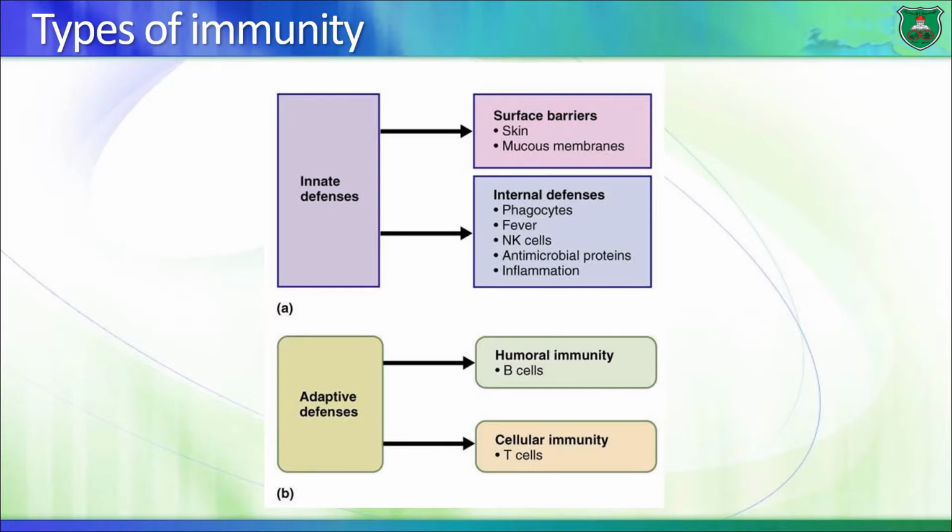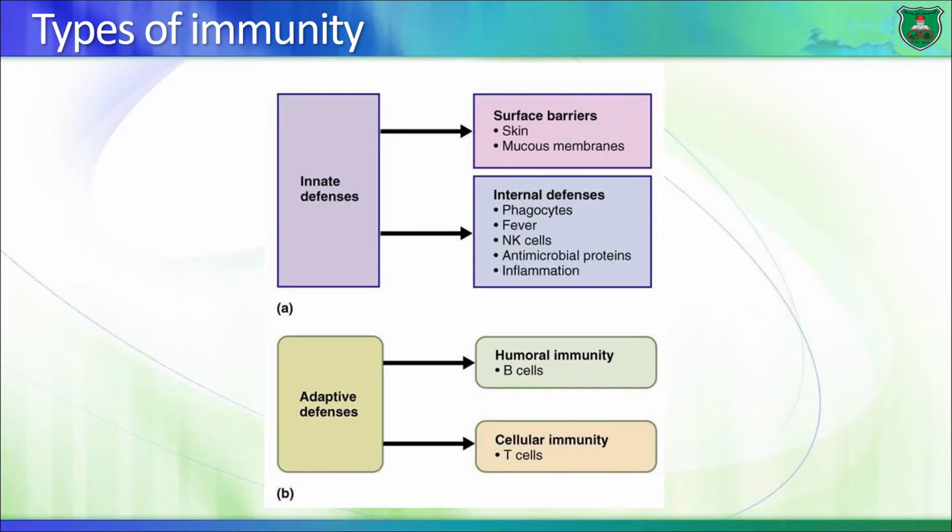And then we have adaptive defenses. These are more specific branches of immunity. They attack specific antigens like bacterial proteins, bacteria, and viruses, very specifically.